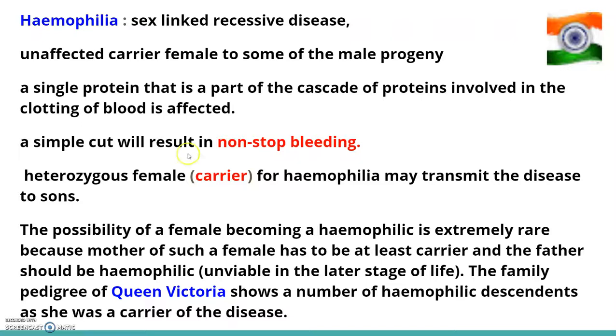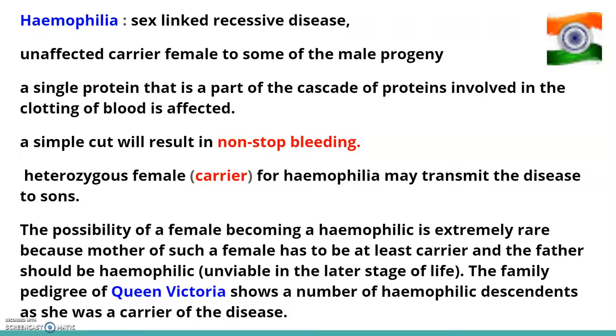And the heterozygous female that acts as a carrier for hemophilia may transmit this disease to sons. The possibility of a female becoming hemophilic is extremely rare, because the mother of such a female has to be at least a carrier, and the father should be hemophilic, which may be unviable in the later stage of life.